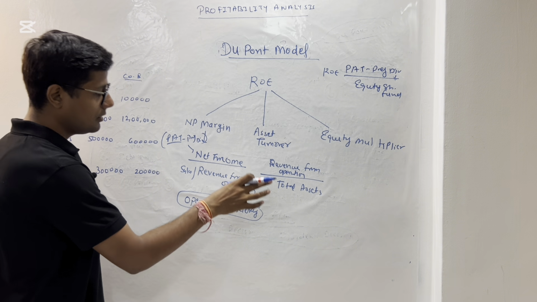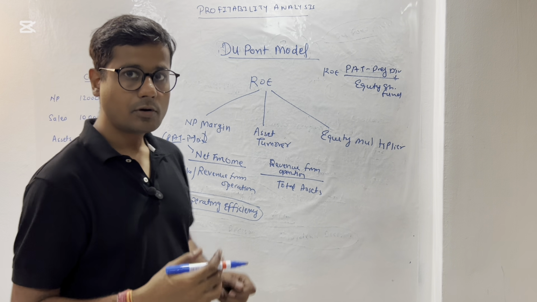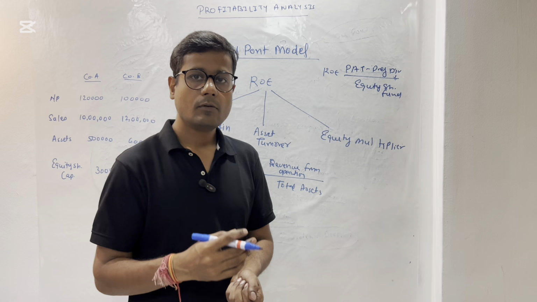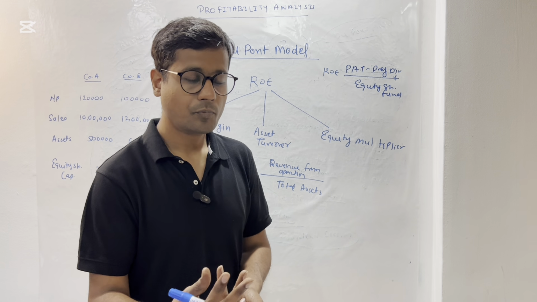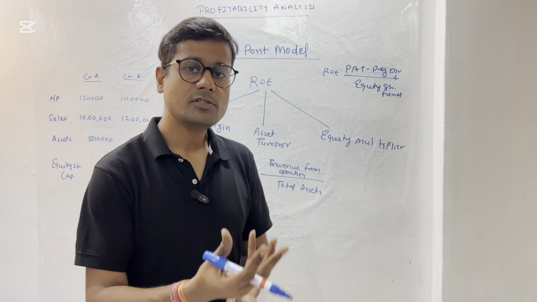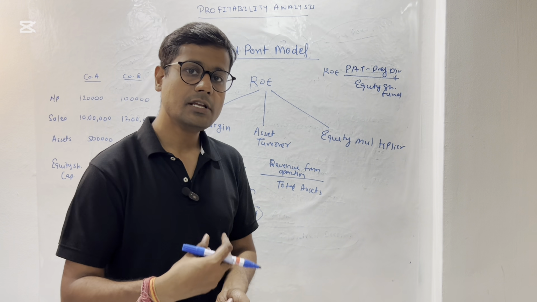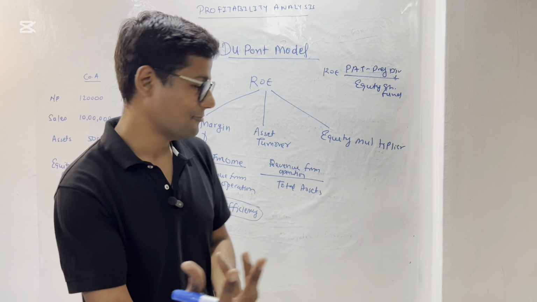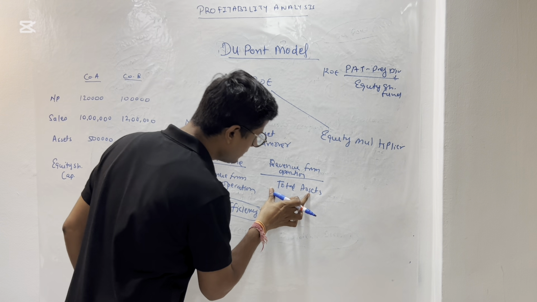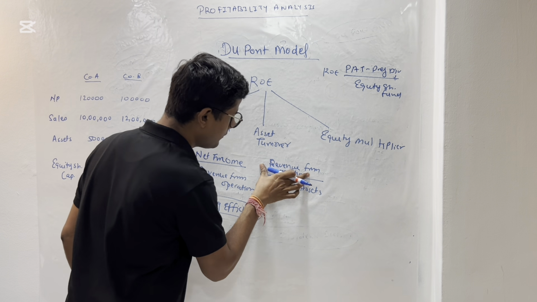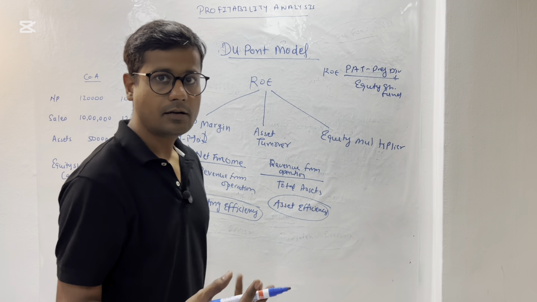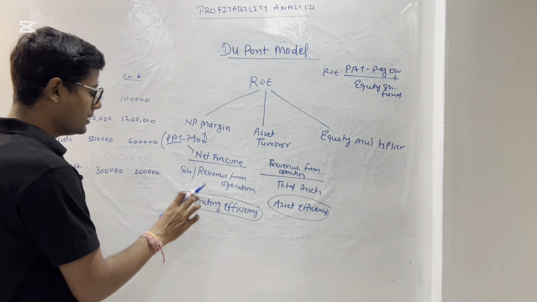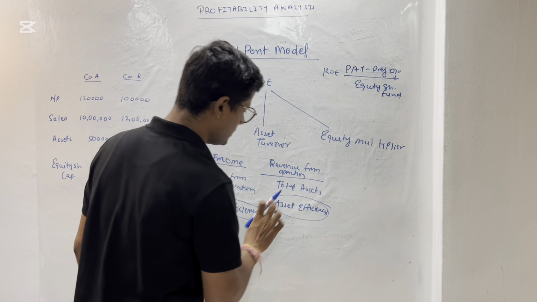What exactly is it showing? It shows how well the company is utilizing its asset: by utilizing its asset, how much revenue it is generating, how efficiently it is utilizing its asset to get more revenue. So it shows you the asset efficiency. This shows operating efficiency, and this shows asset efficiency.